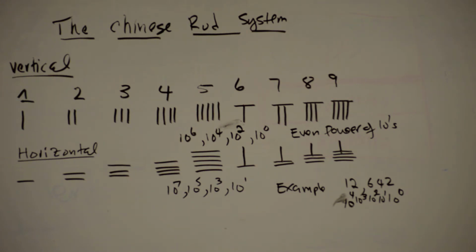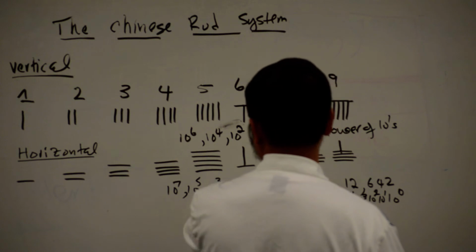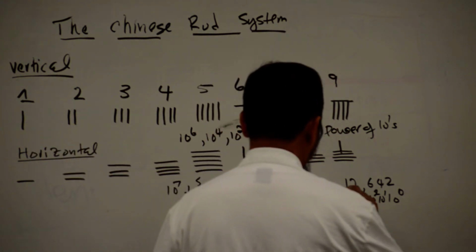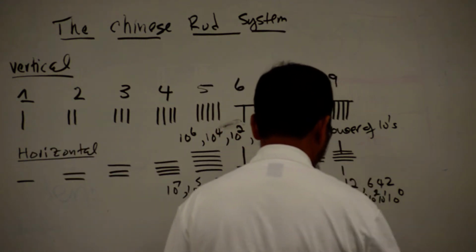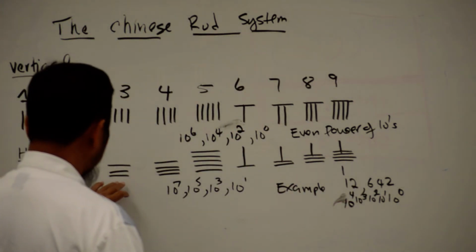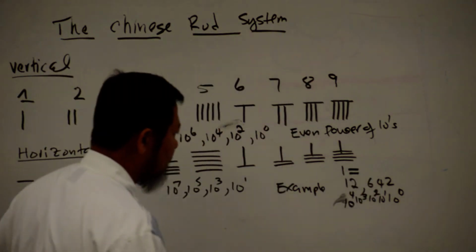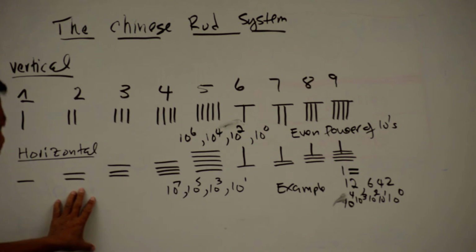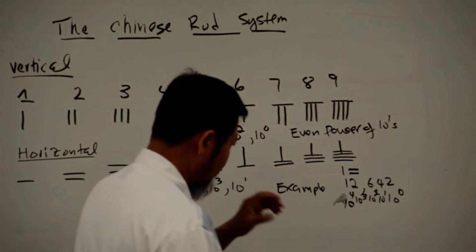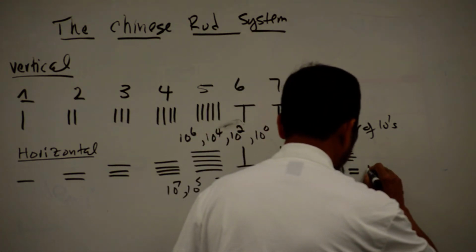Well, we know that 10 to the fourth is an even power for 1. So that's a vertical line. I write a vertical line here, okay? And 10 to the third, that's for 2,000. So that's a horizontal line. Then 600 is 10 to the second, so that's a vertical line.